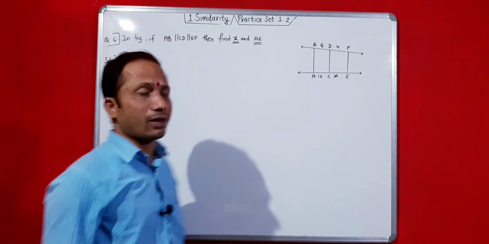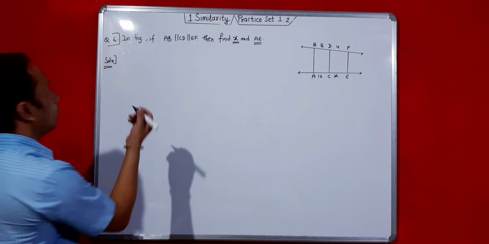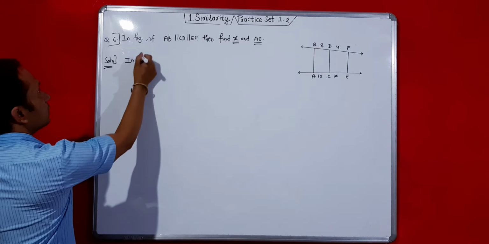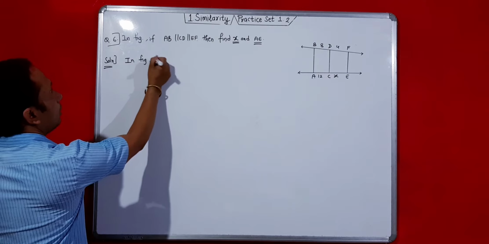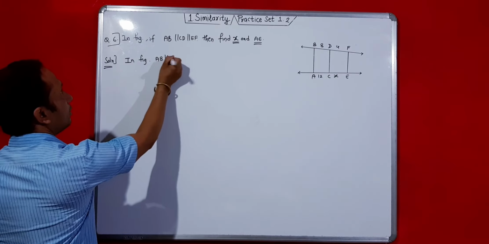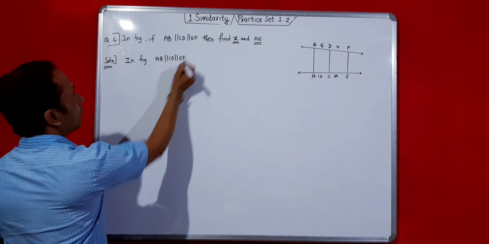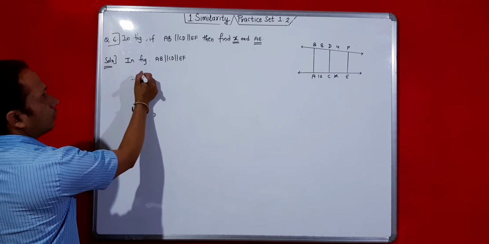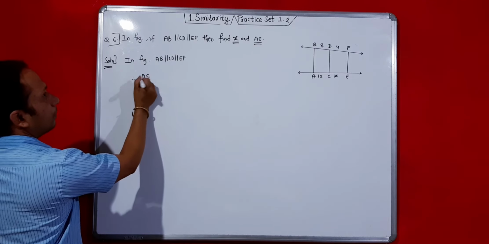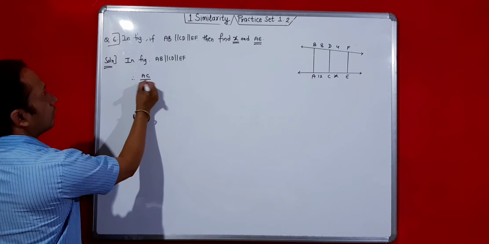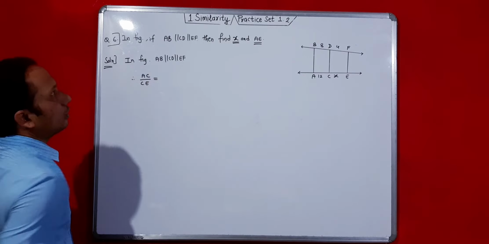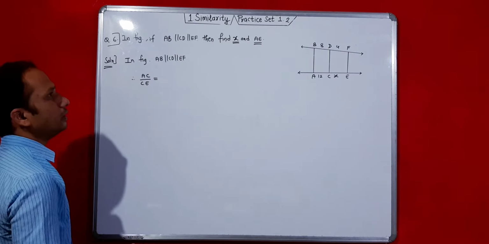We have to add this. But before, we'll write the given. In the figure, what is given? AB parallel CD parallel EF. Therefore I know that AC upon CE is equal to BD upon DF.